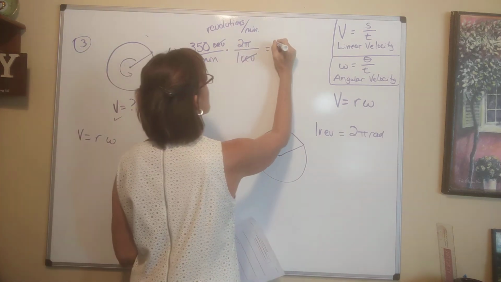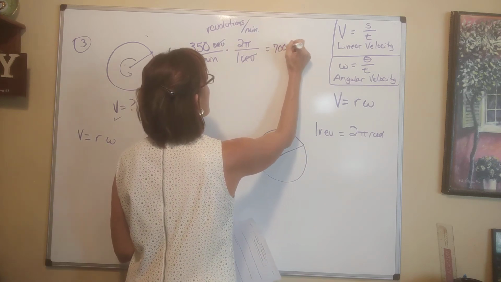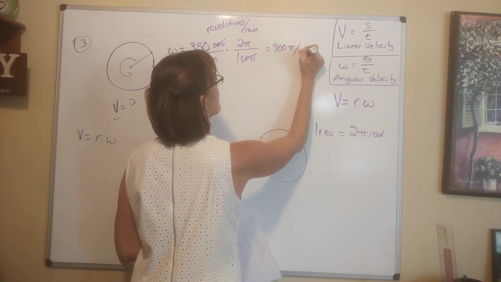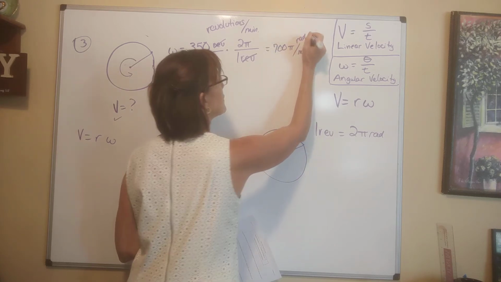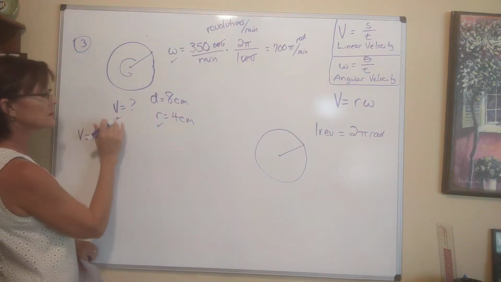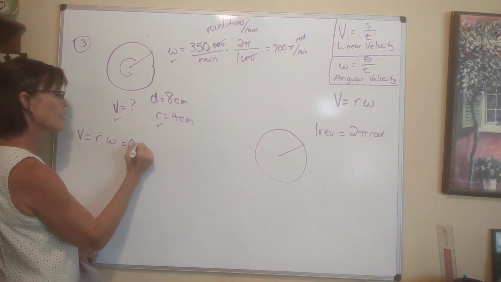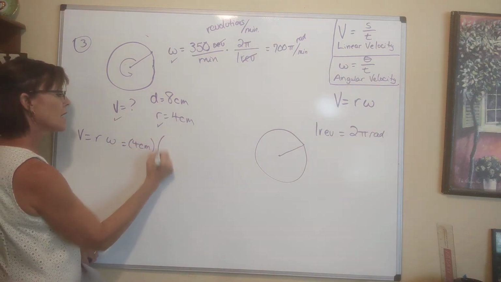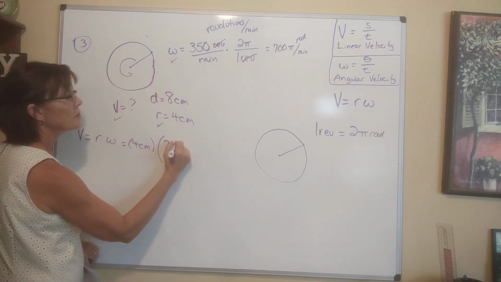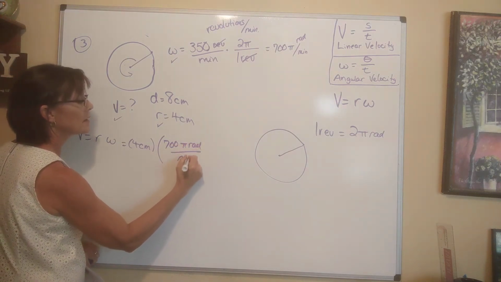That's 700 pi radians per minute. You can write the radians, or you don't have to, but that is what omega is. So now we can just simply say, what is the linear velocity? It's going to be the radius, which is 4 centimeters, times omega in radians per minute, 700 pi radians per minute.